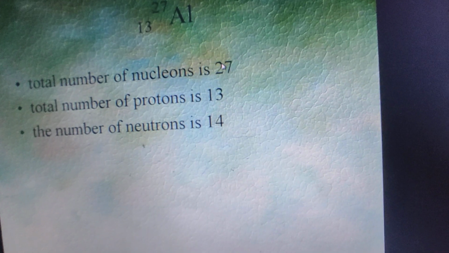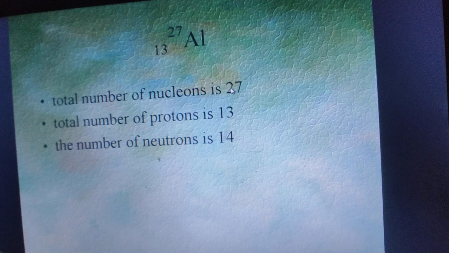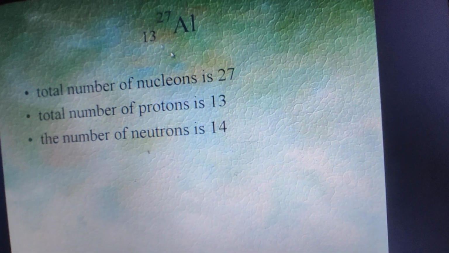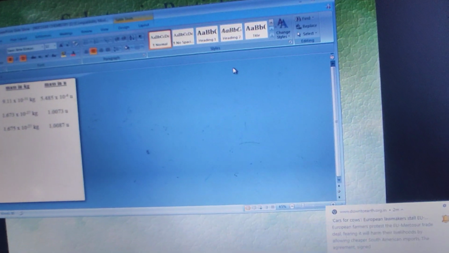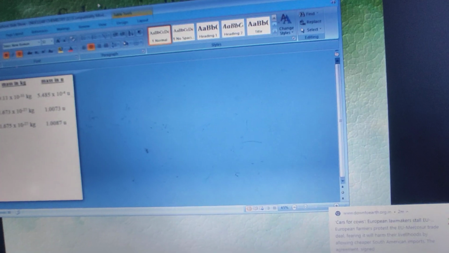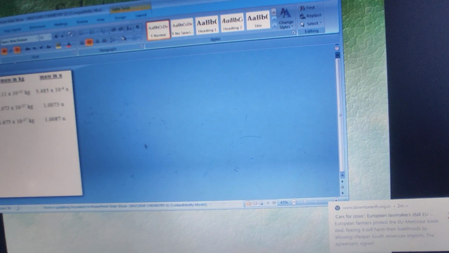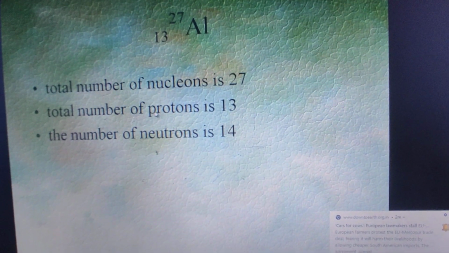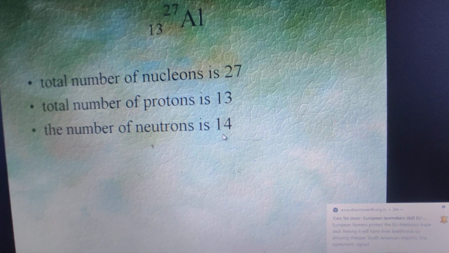A is the atomic mass number, 27, and the atomic number is 13. When you subtract 13 from 27, you get 14.